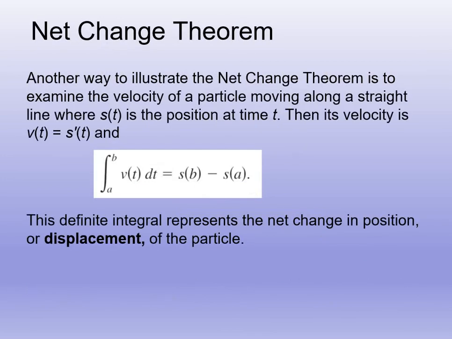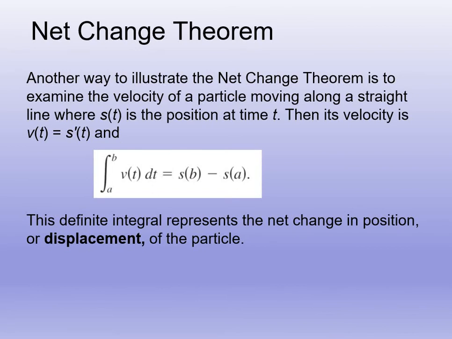Another way of illustrating net change is using velocity. The other way we describe net change deals with the displacement of a particle, and we have to understand the difference between displacement and total distance. The best example: you go to the grocery store and then return home.